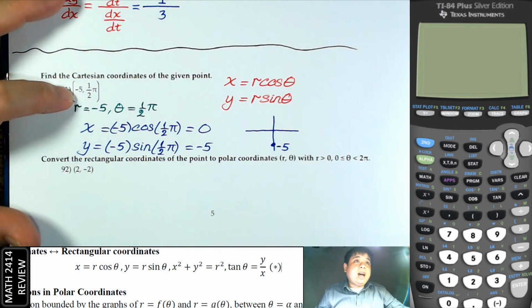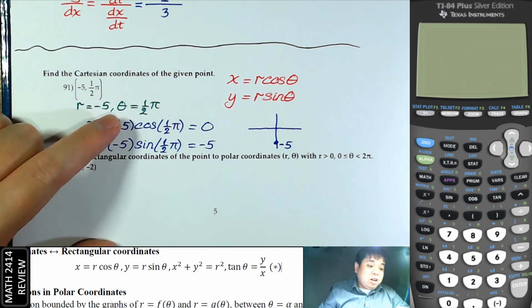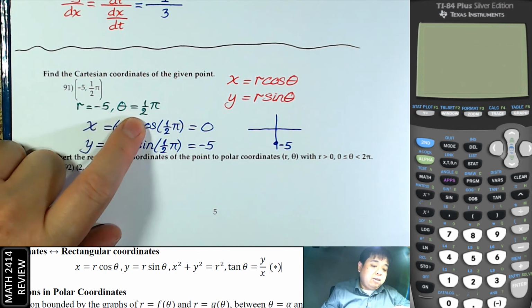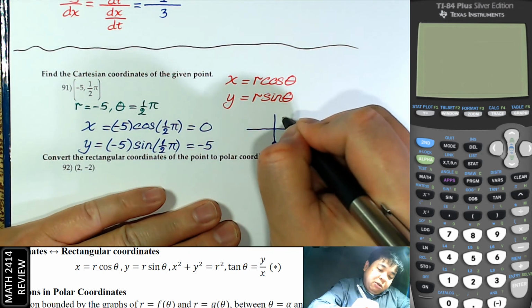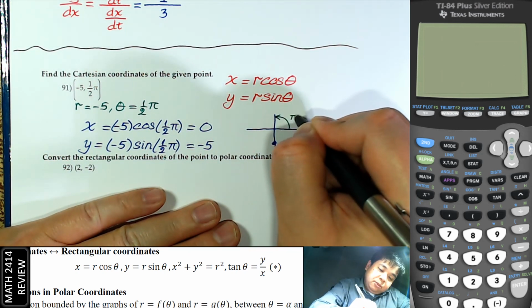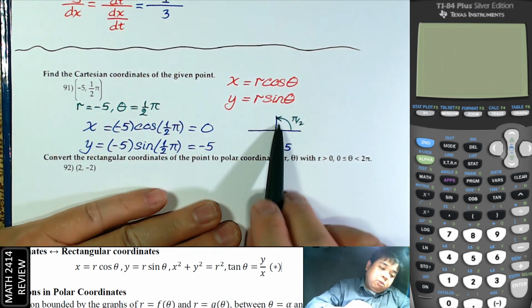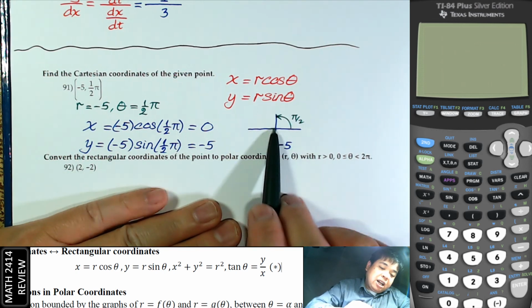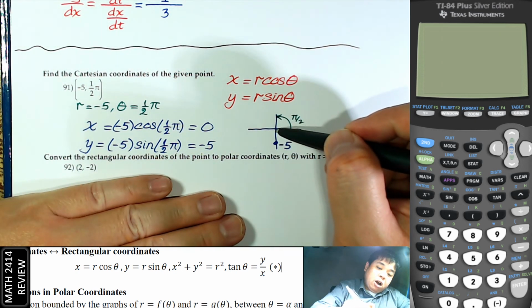Now if we check that with the polar coordinate, the radius r is -5, and the angle is 1/2 of pi. So 1/2 of pi goes that way. Instead of going in that direction along that ray, r is -5, so we go in the opposite direction.